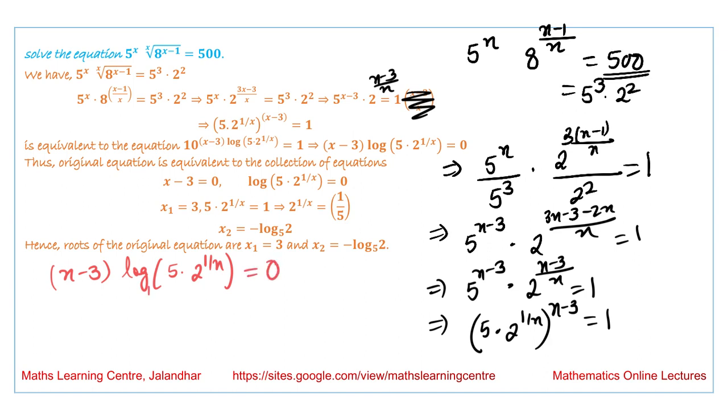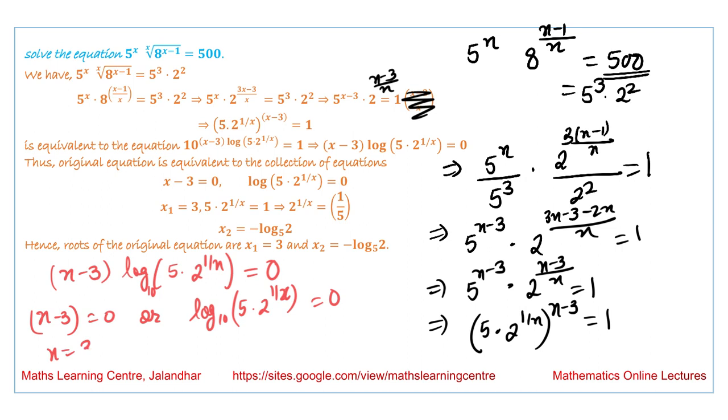We are talking about the log to the base 10, and we know log 1 is 0. So we obtain from this that x minus 3 is equal to 0, or log base 10 of 5 into 2 raised to the power 1 by x is equal to 0.